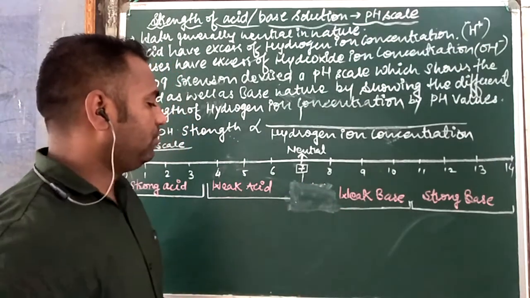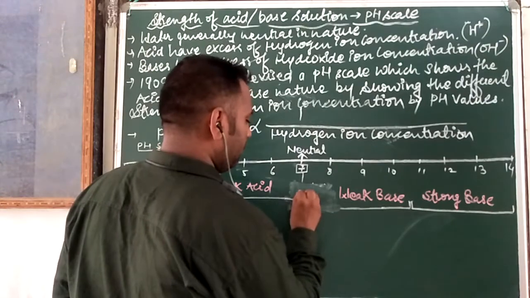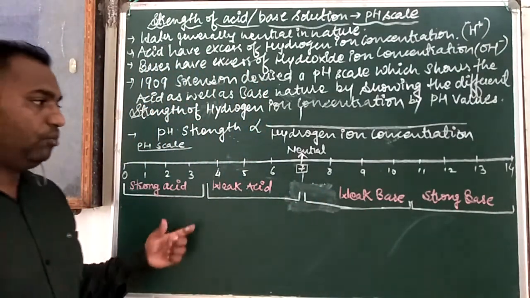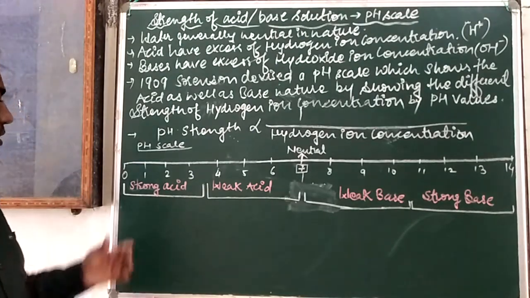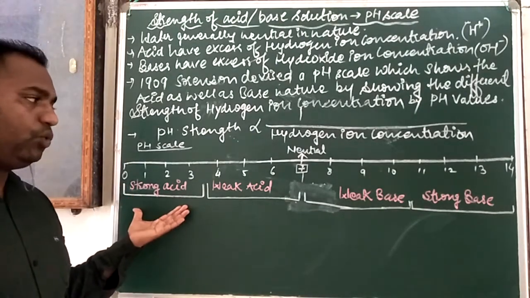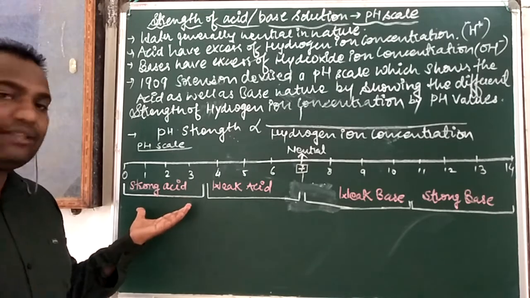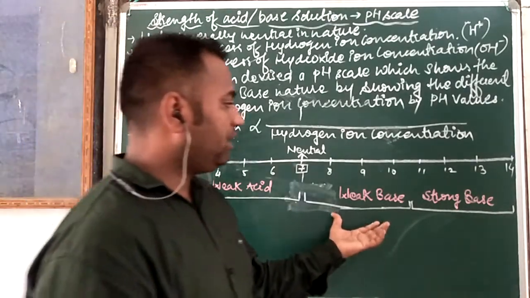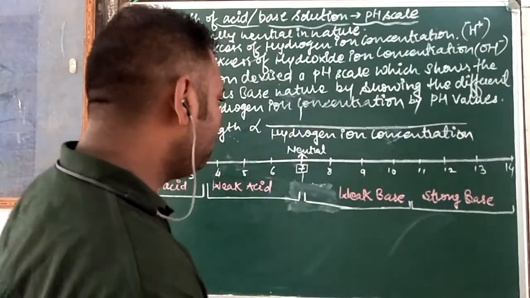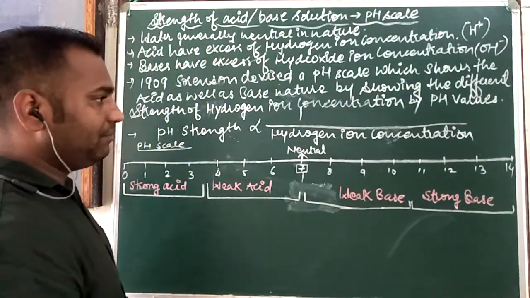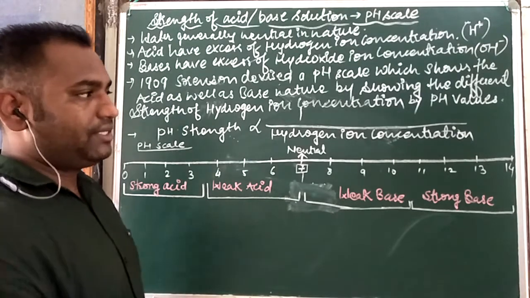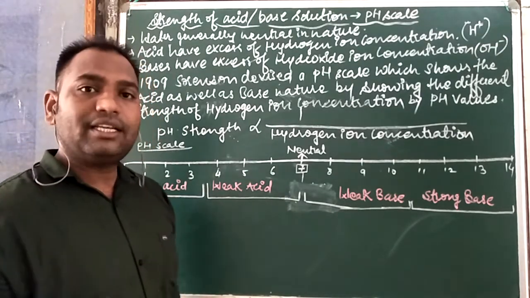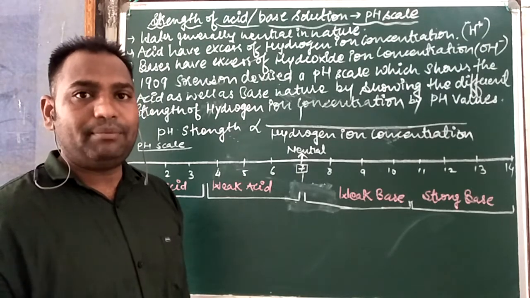I hope you are understanding more clearly now. So the pH values of 0 to 3.5 are strong acids, this is the weak acids, this is the weak base, and this is the strong base. You can see how the strength is going and how any acidic or basic behavior is increasing.